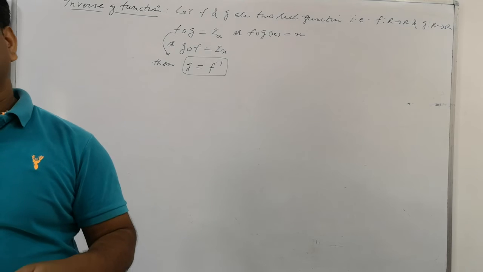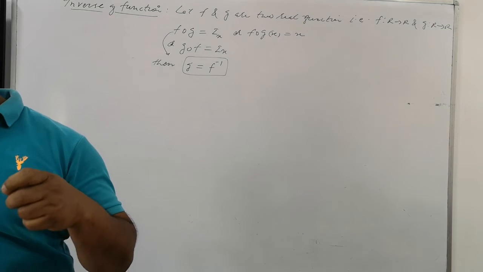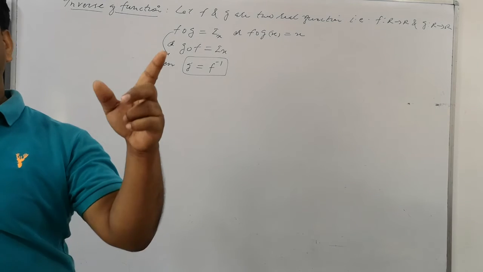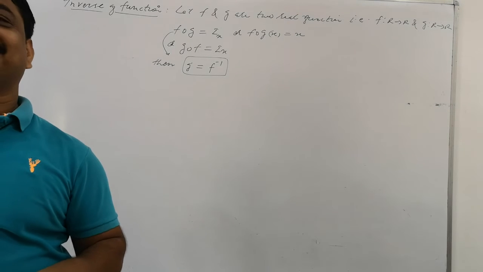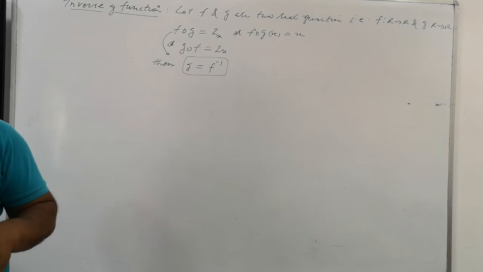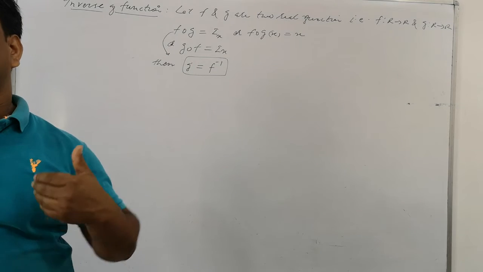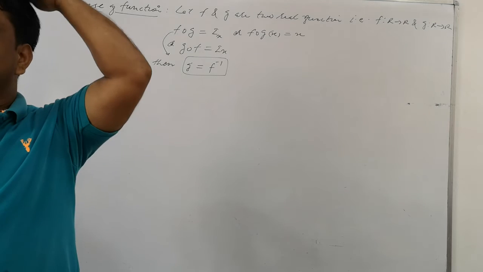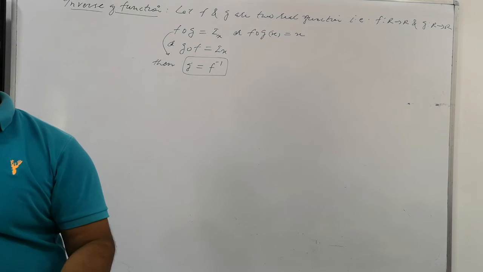Is that clear? But there are certain events and situations in life where the inverse function does not exist. We proceed ahead, we will not come back. Your age is not an inverse function. Why? Because you can just grow only, right? An infant grows into a child, a child grows into an adolescent, and an adolescent grows into an adult, and further into old age.